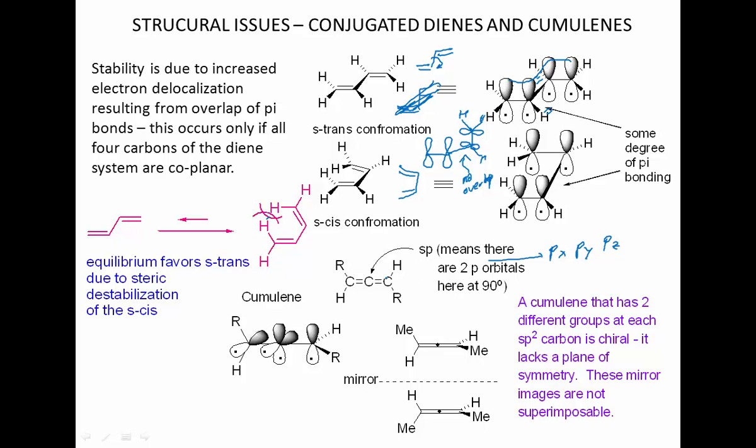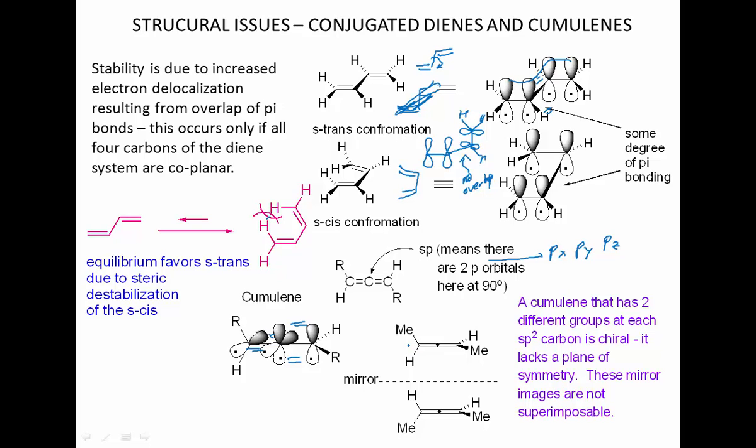All right, so this sp hybridization right here means we've got 2 p orbitals that we left out of the hybridization scheme. Okay, one of them is going to do the pi bond to one side, one of them is going to do the pi bond to the other side. And we get this arrangement here where the sigma bonds on one end of the cumulene system are at 90 degrees to the sigma bonds at the other.